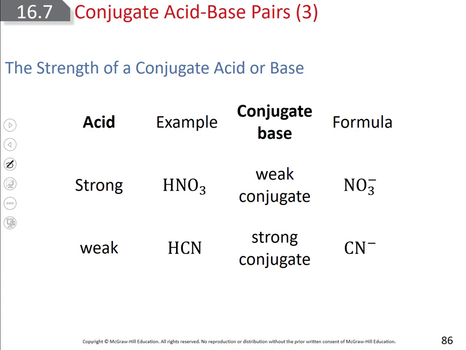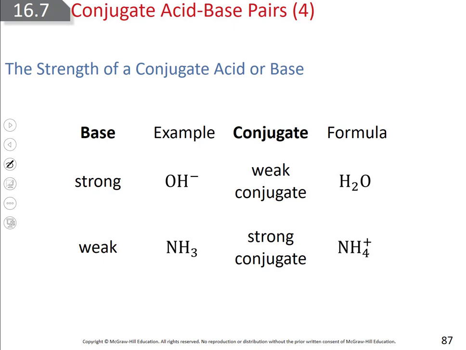If your acid is strong, then its conjugate base will be weak. If your acid is weak, its conjugate base will be strong. Again, at least strong enough to affect pH, but still not an actual strong base, a strong conjugate. For bases, a strong base will have a weak conjugate acid. A weak base will have a strong conjugate acid.